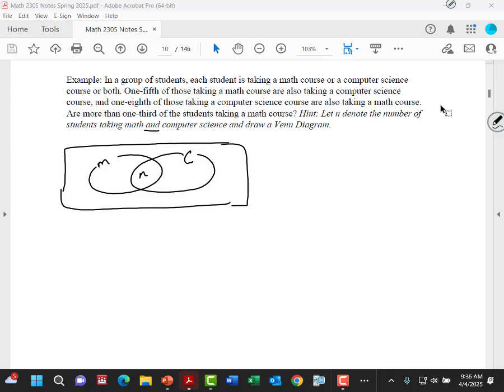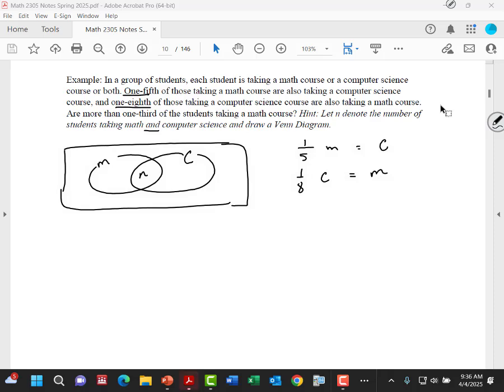I'm told that 1/5 of those taking a math course are also taking a computer science course. So I can say 1/5 M equals C. And also 1/8 of those taking computer science are also taking a math course. So I can say 1/8 C equals M.